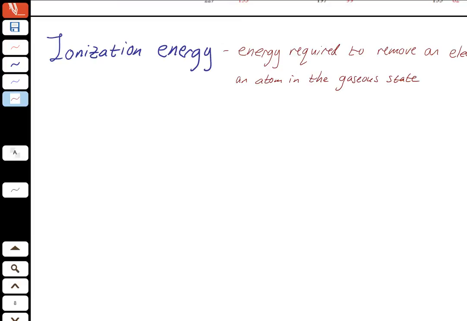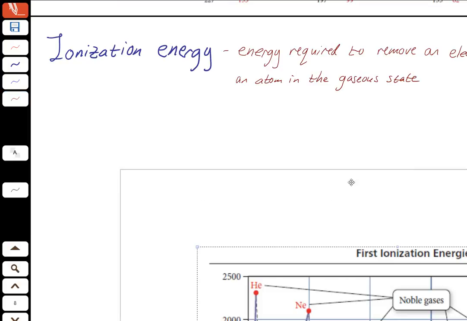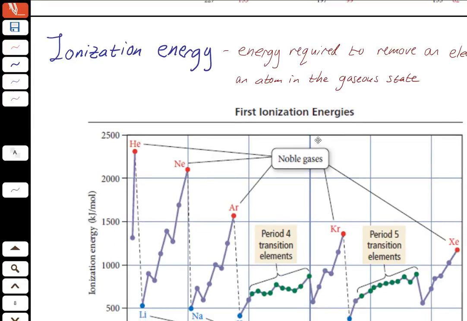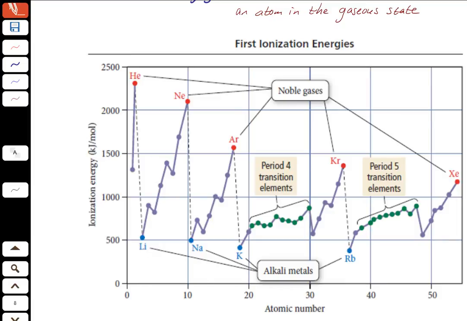I'll show you a graph first, kind of like the atomic size, and then we'll look at some more specifics. So you can see from the graph here a similar trend to what we saw before. Or I guess we should say similar but opposite.